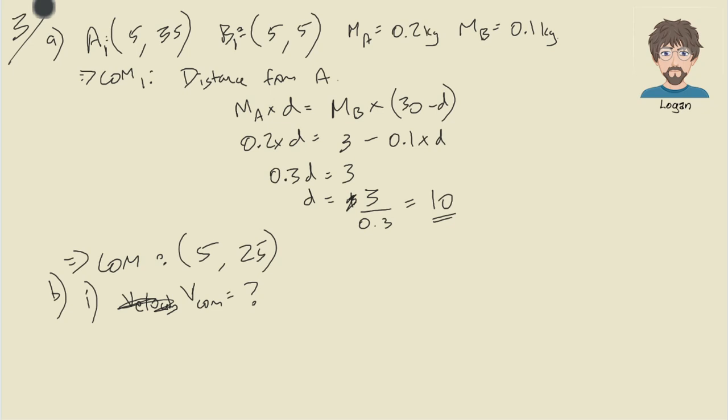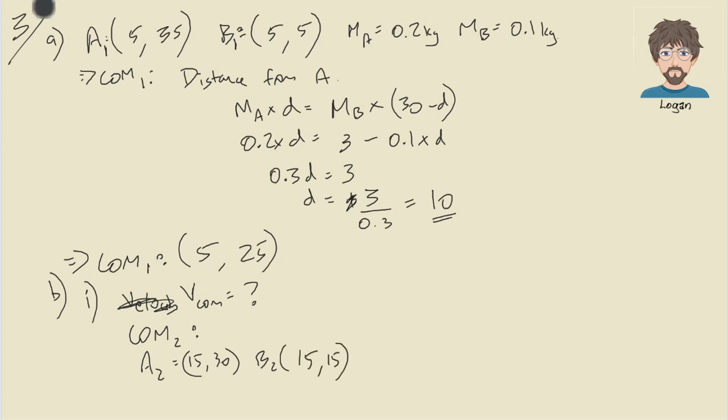So the velocity of the center of mass, well, let's have a look at points A2, B2, and that'll give us some starting point. So the center of mass at location 2, this is center of mass at location 1. We're going to do the same thing as we did up above. So A2 is at 15, 30 and B2 is at 15, 15.